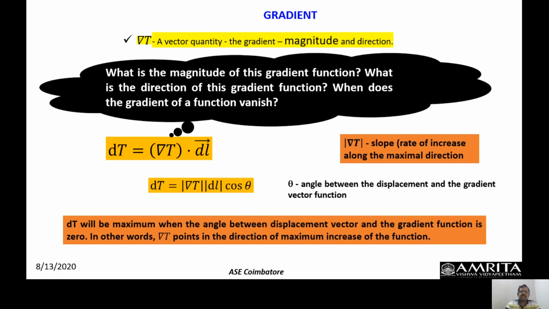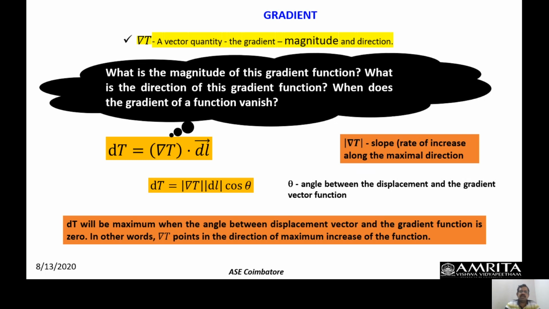So it points in the direction of maximum increase of the function, because the maximum value of cos theta can be only 1. That is when theta is 0, which means the angle between del T and dl must be 0, so they point in the same direction. If I walk along the direction of the gradient, I will see the steepest ascent, the maximum increase of this function dT.